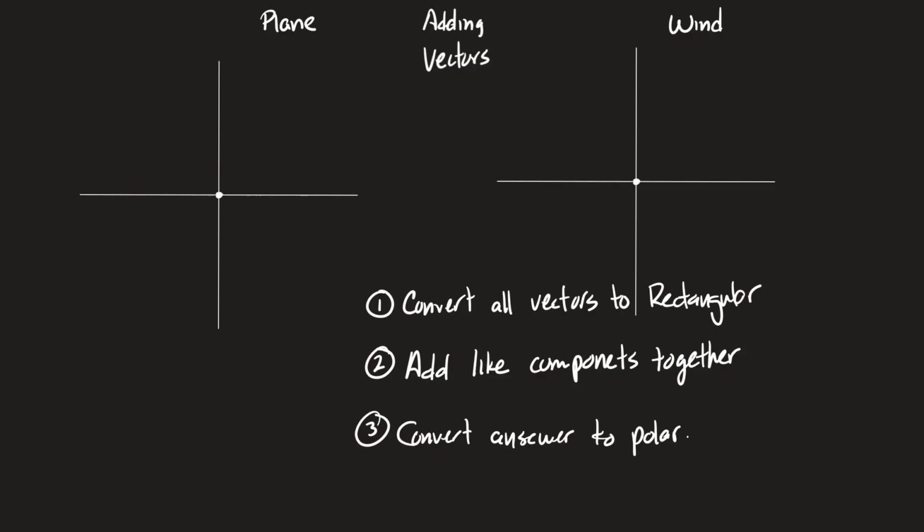So, because I think practice is important, let's say that the plane faces itself 35 degrees north of east, and is flying at 120 meters per second.